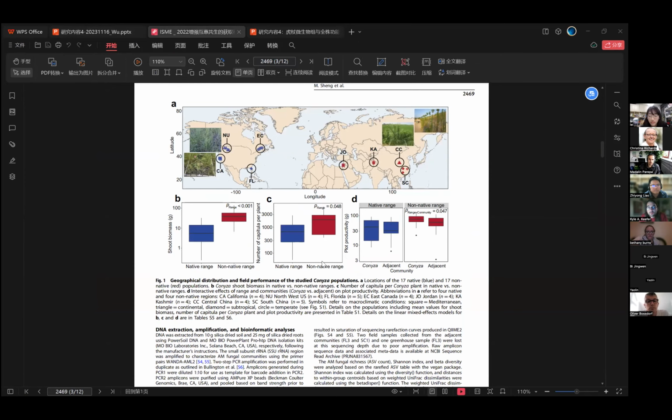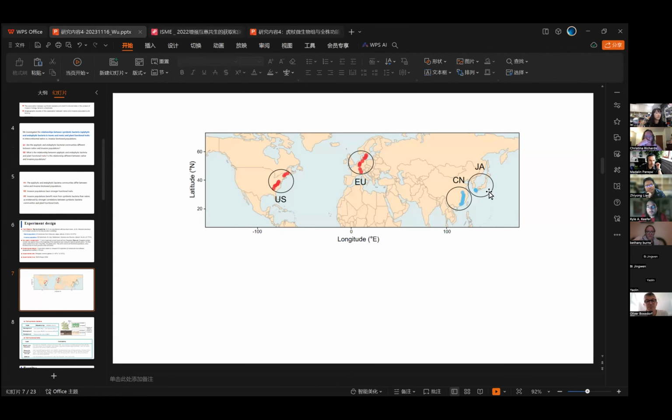Maybe it looks the same as our problem, so we just tried to compare the native and the invasive ones. But it's still a big problem. So I want to ask our partners for comments about how to solve this problem, because we can see the Japanese population is really limited, just a point compared to the other three.